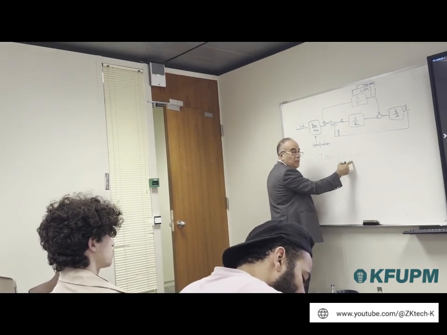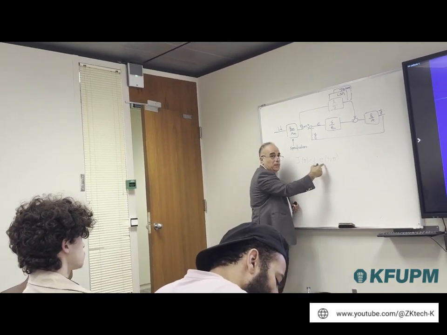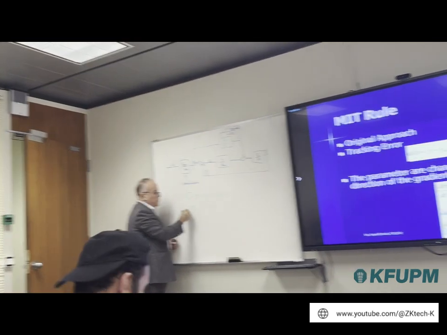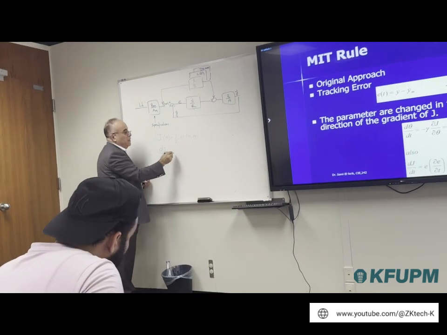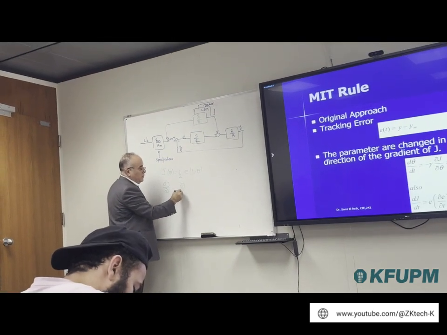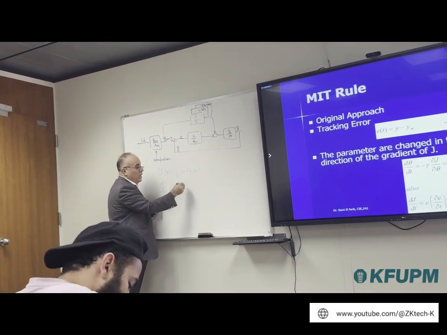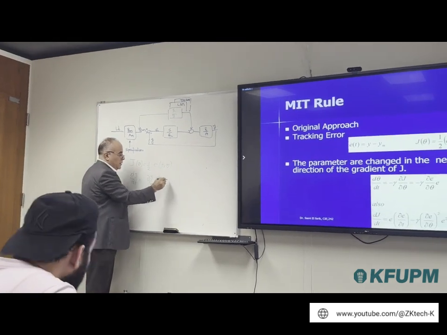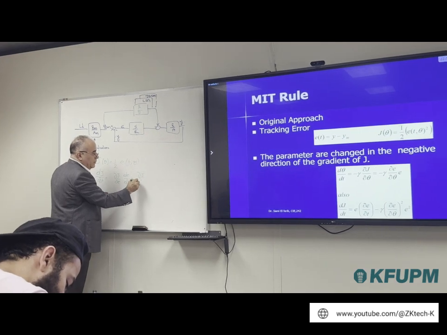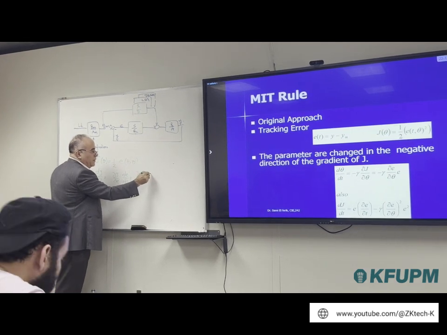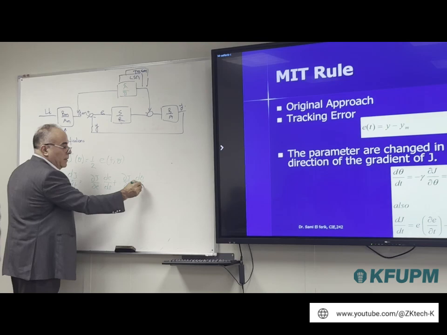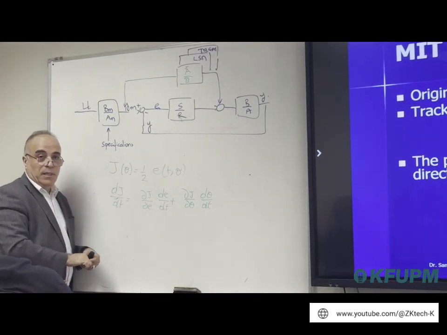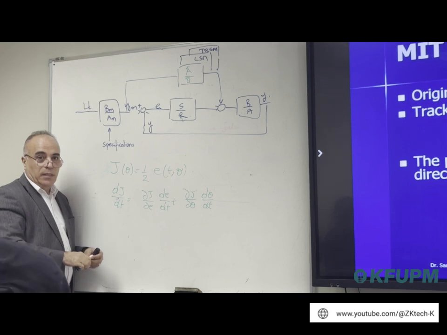The error is dependent on time, and the parameter inside depends on time. So the derivative of this function with respect to time is the derivative of J with respect to the error times the derivative of the error with respect to time, plus the derivative of J with respect to theta multiplied by the derivative of theta with respect to time. Two parameters, right? Because theta also depends on time.